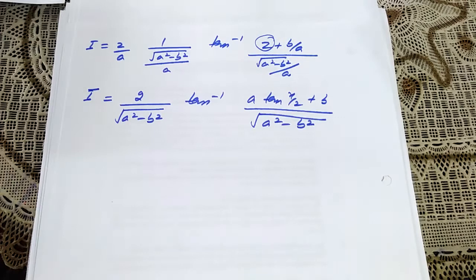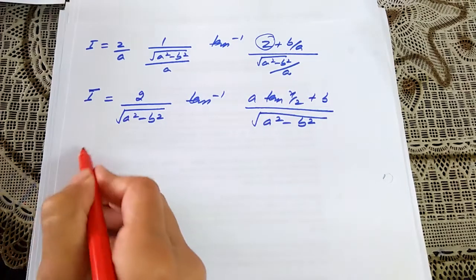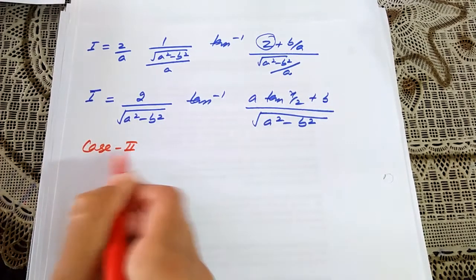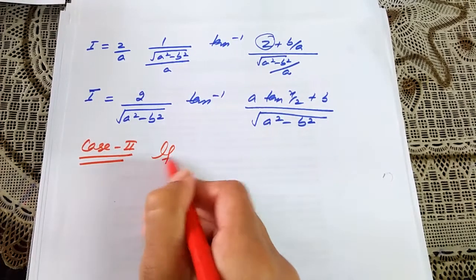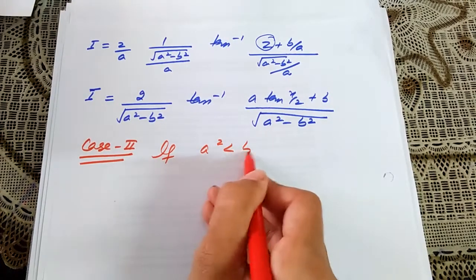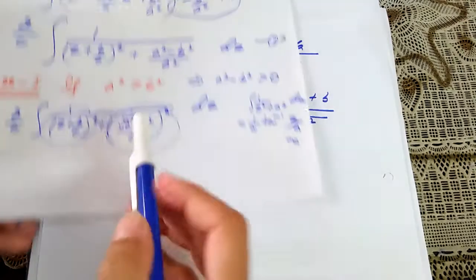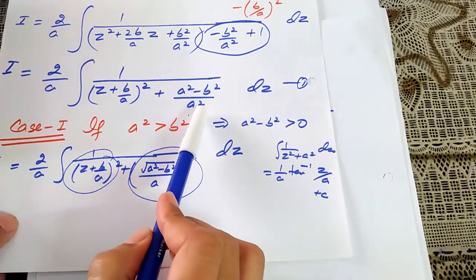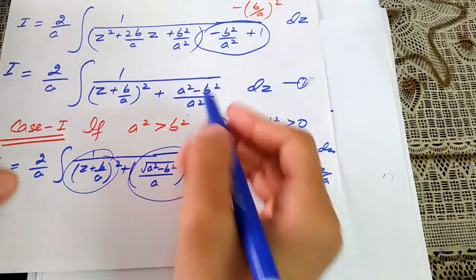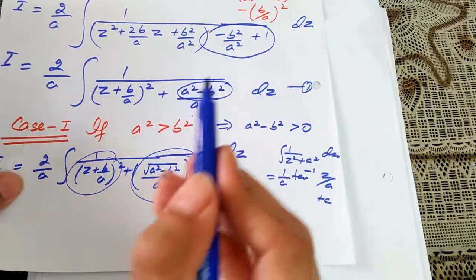Now for case number 2. For case 2, if a square is less than b square, this means this term will become negative.